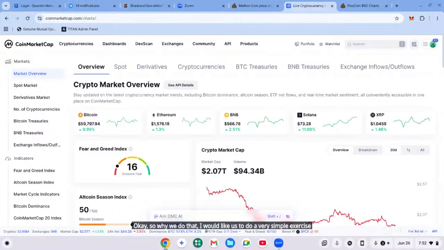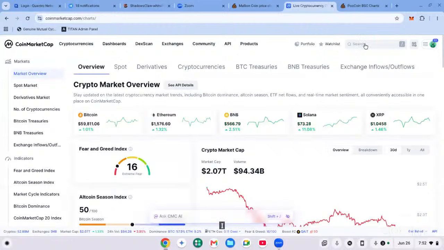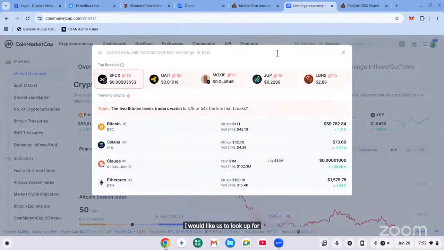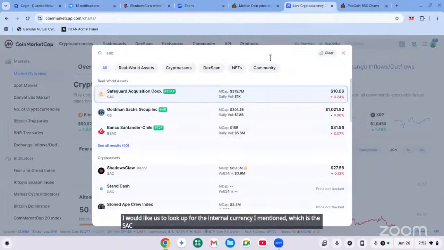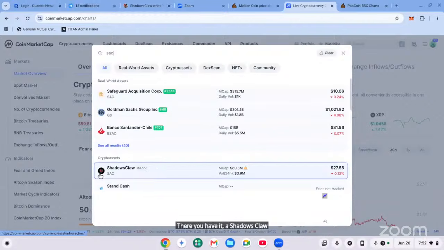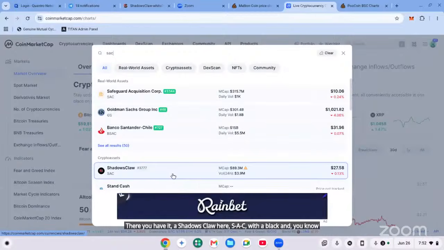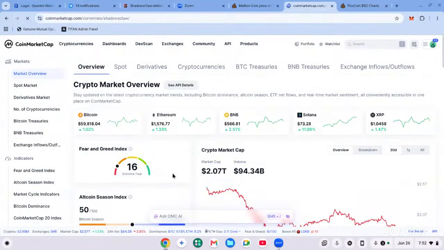Okay, so while we do that, I would like us to do a very simple exercise this evening. On my screen is the almighty CoinMarketCap. I would like us to look up the internal currency I mentioned, which is the SAC. There you have it as Shadow Claw, SAC, with a black and red icon.